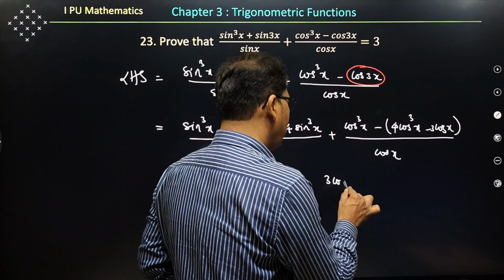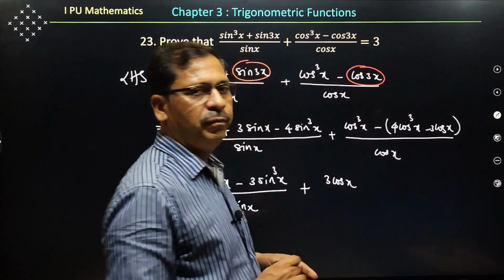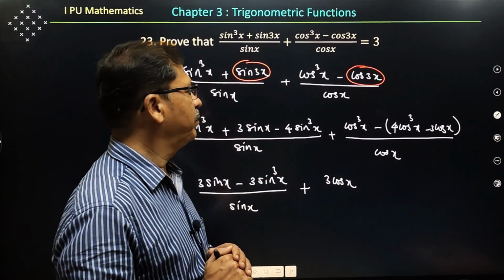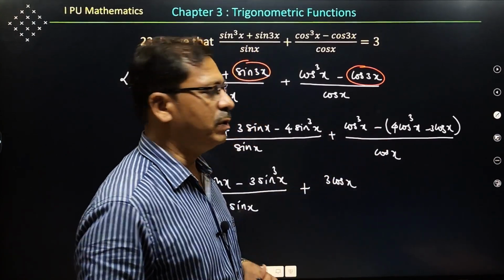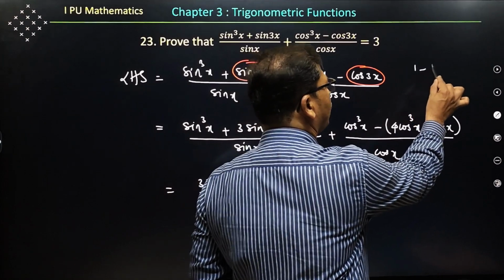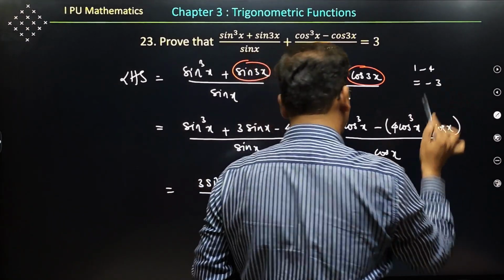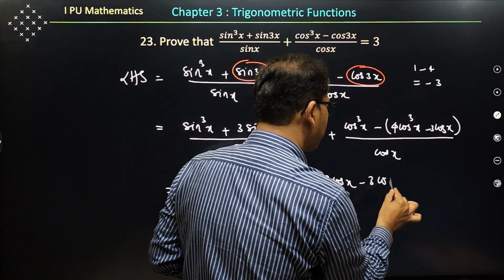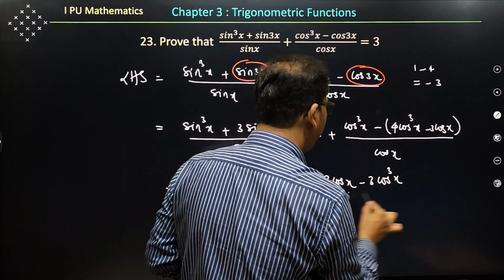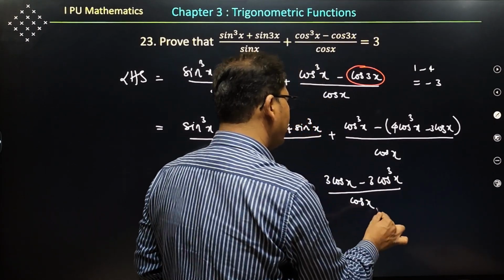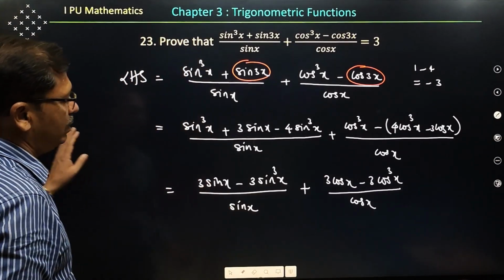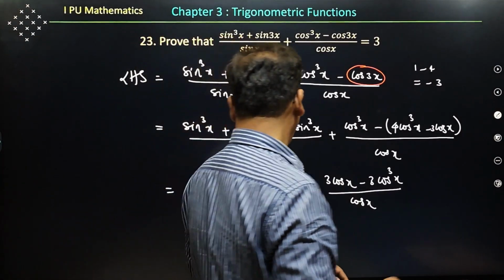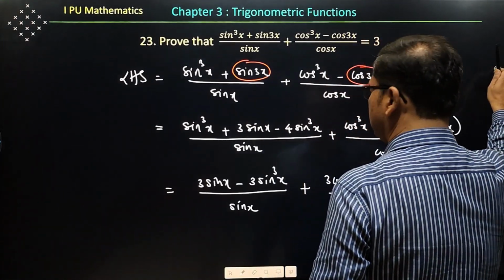Plus 3 cos x I would like to write first. Next you see carefully: minus 4 cos cube x plus 1 cos cube x means 1 minus 4, which is equal to minus 3. Minus 3 cos cube x here, whole divided by cos x. In the next step of calculation, you take sin x common in the numerator. If you take sin x common, 3 minus sin square x remains.